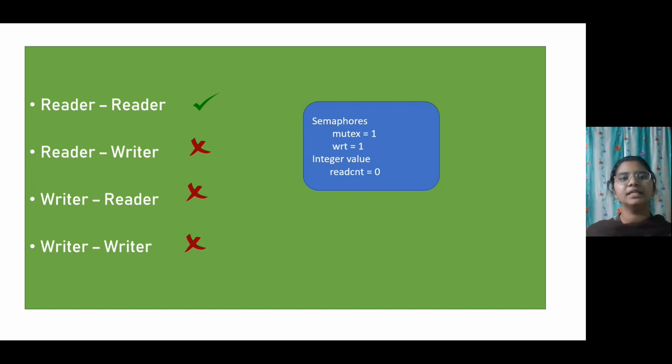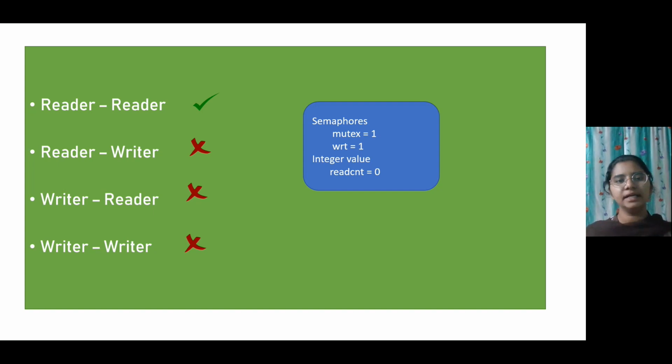For example, if there is only one book and two friends want to read it, they can read the data from the book without any difficulties, right? In the same way, two reader processes can access the shared data without any problem.